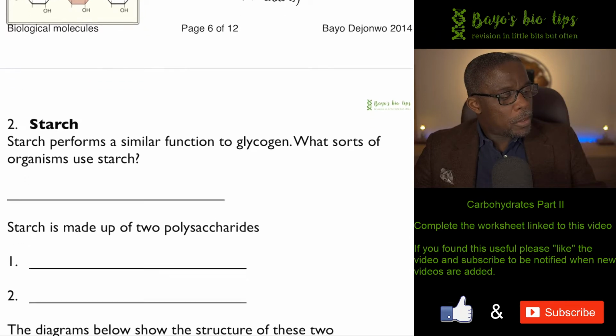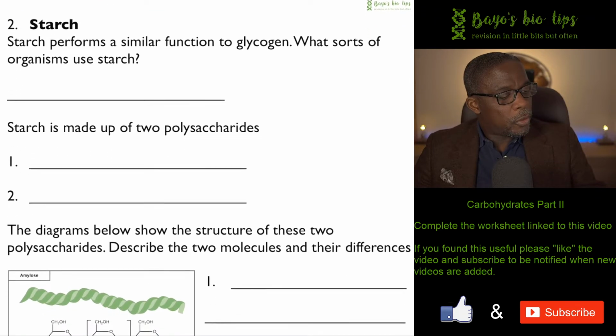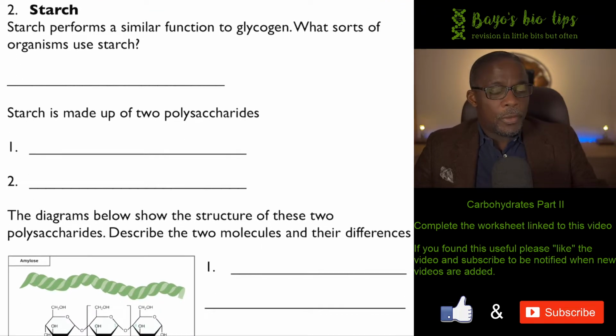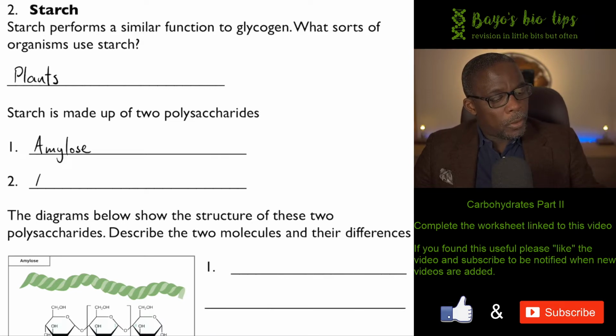So now let's look at starch and relate it back to glycogen. So starch is the energy storage molecule found in plants. So the answer to that first question is plants. And it's made up of two polysaccharides, one called amylose and the other is called amylopectin.